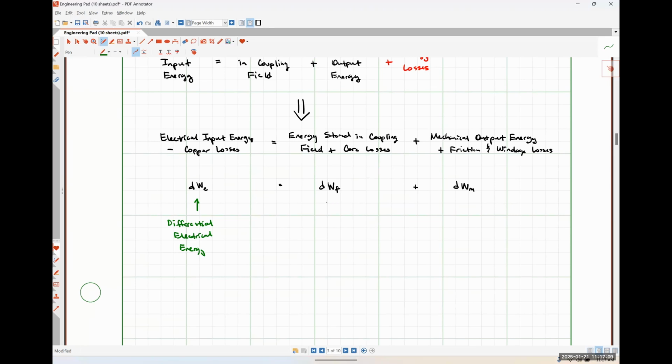This is our differential field energy. And lastly, this guy is our differential mechanical energy.